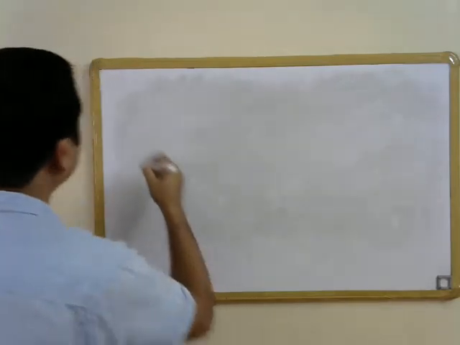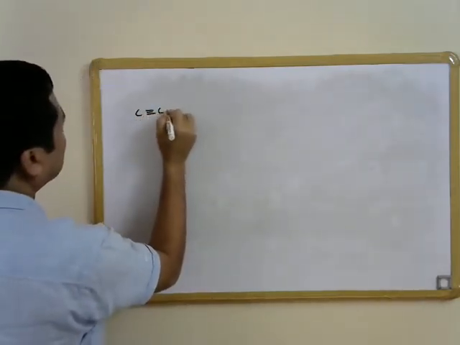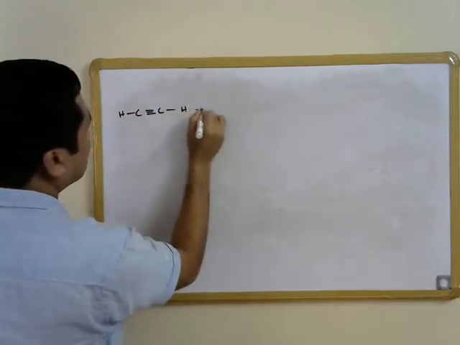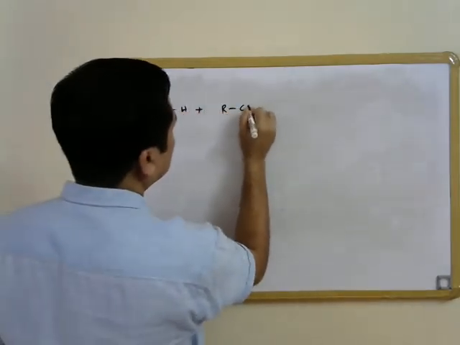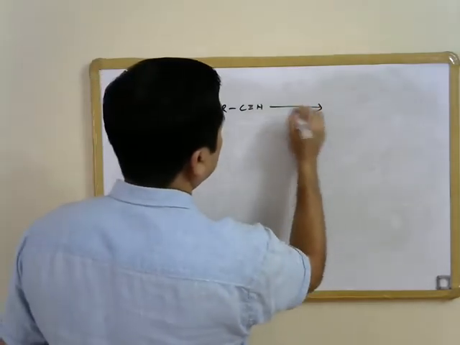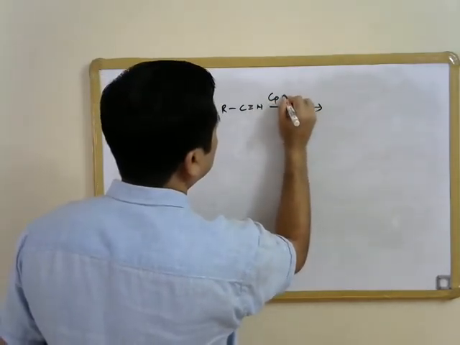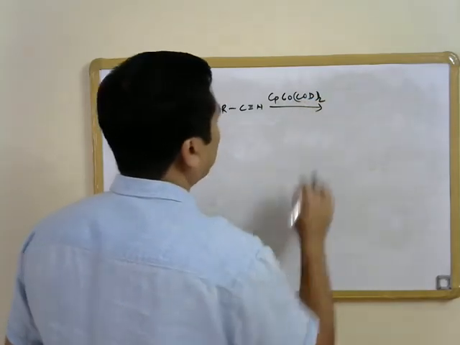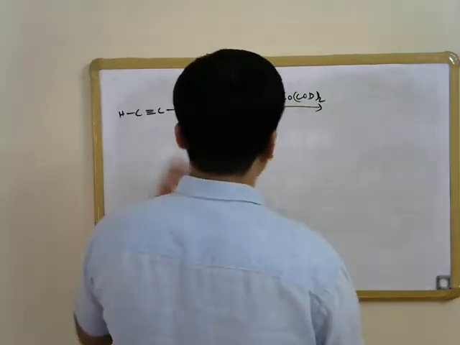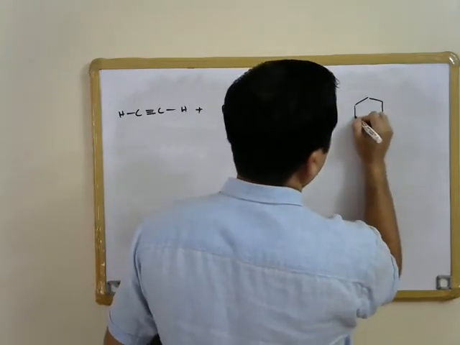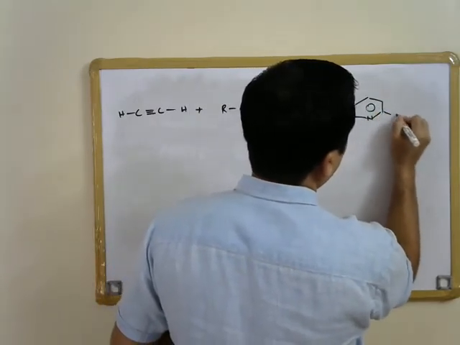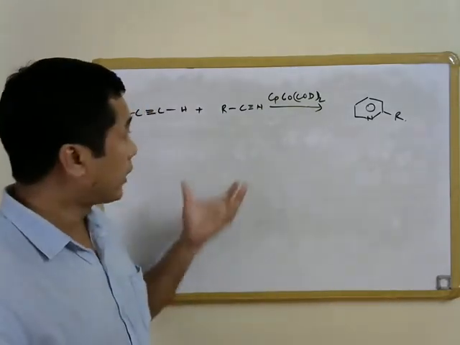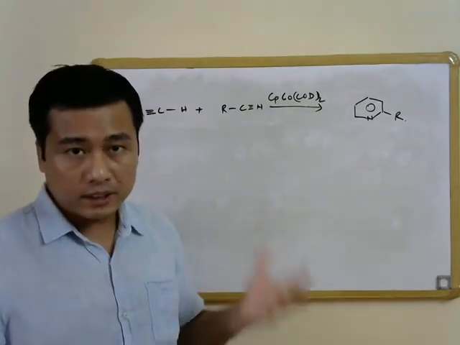That is, if you take acetylene in the presence of a cyclooctadiene cobalt complex, you will obtain pyridine, which is a value-added chemical, and that is why this particular reaction has synthetic utility.